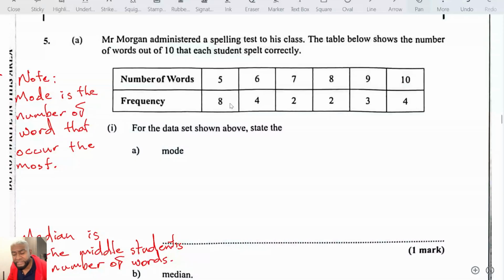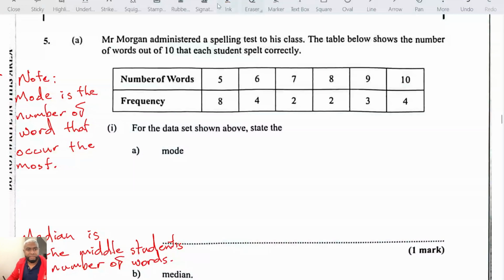Look at it. Mr. Morgan administered a spelling test in his class. The table below shows the number of words out of 10 each student spelled correctly. So how many students got 5 out of 10? 8. That's how you interpret this data.